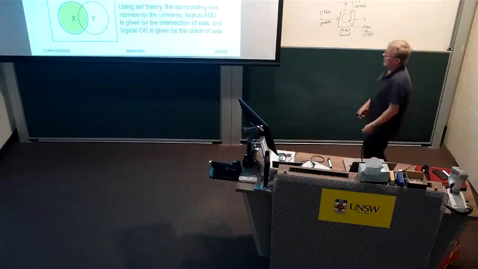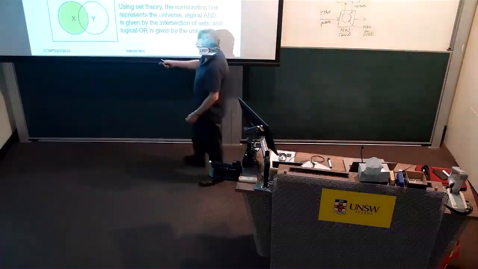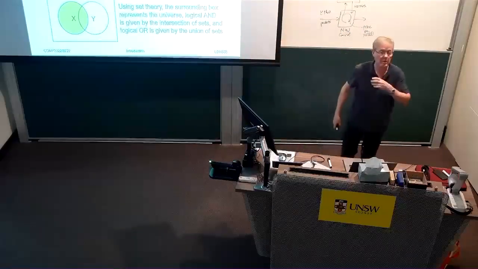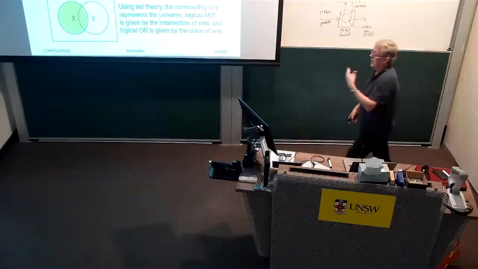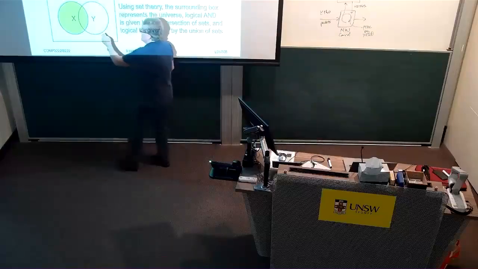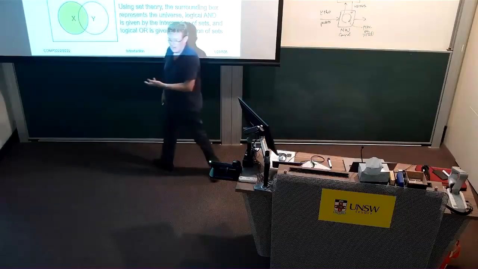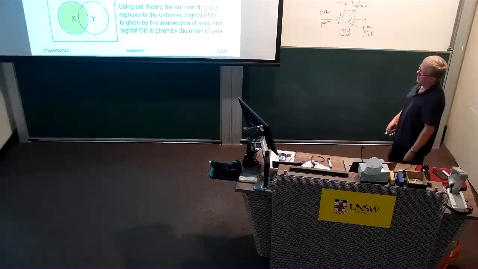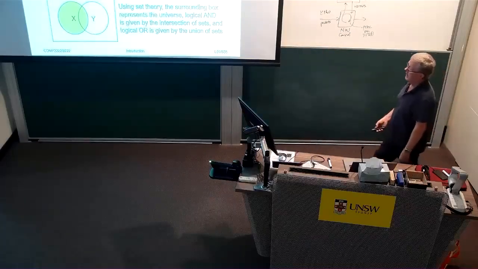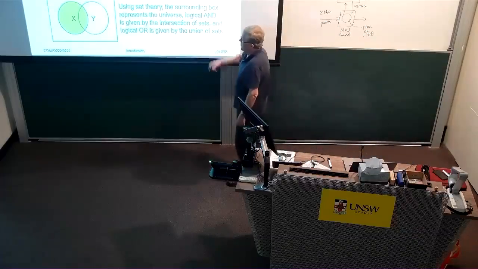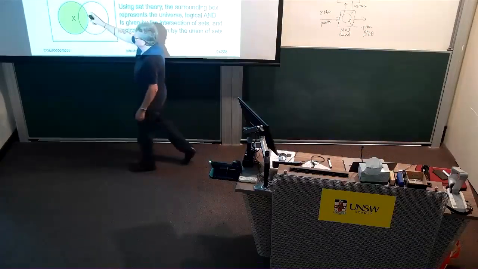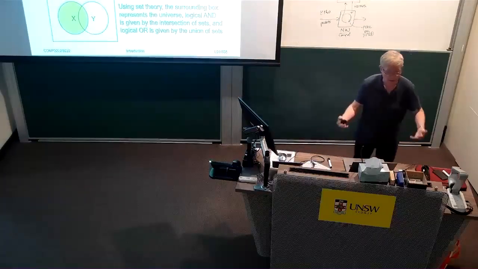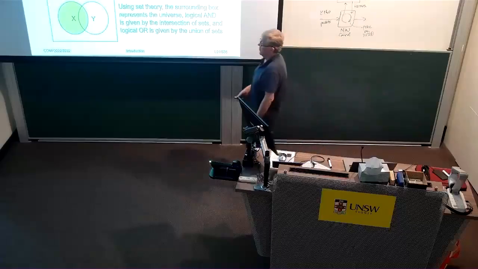A more interesting way of thinking about life is to think in terms of sets, where the rectangular box represents the universe. We can form a variable within that, as in this circle, this set x, for all of the contents of that set x. We form a conjunction, or and, by the intersection of sets, and we form the disjunction, or the logical or, by forming the union of sets.